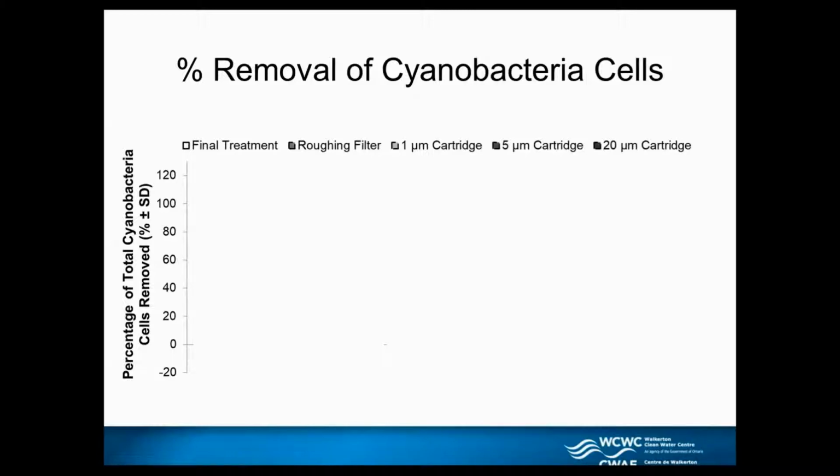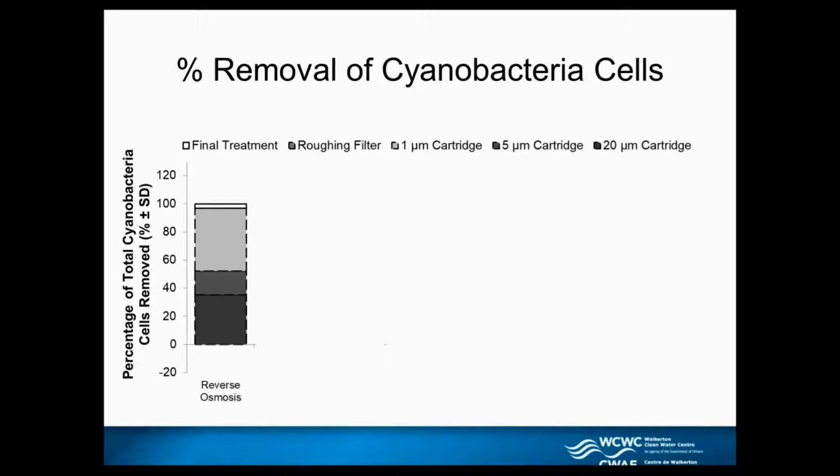And then the white will be the final treatment stage. So for reverse osmosis, we also outlined the dotted part as the pre-treatment, and the solid line would be the final treatment. So the total bars represent the total removal that we see, including all of the stages altogether.